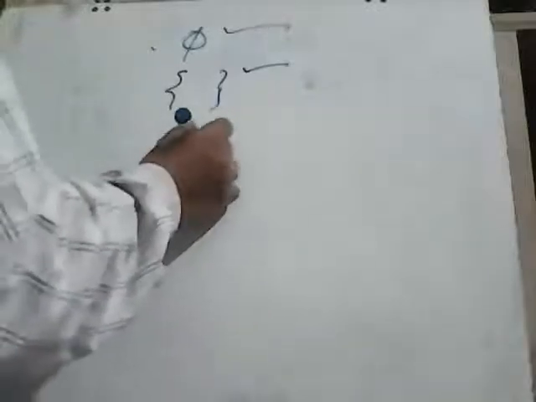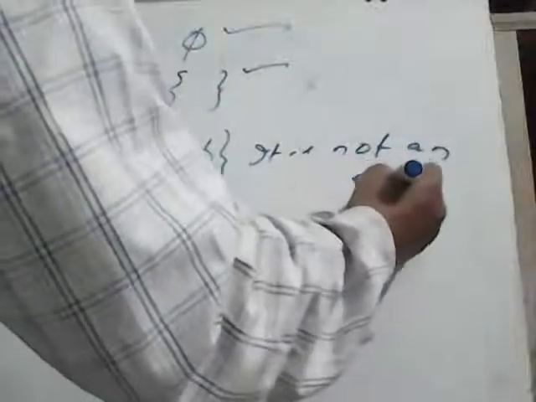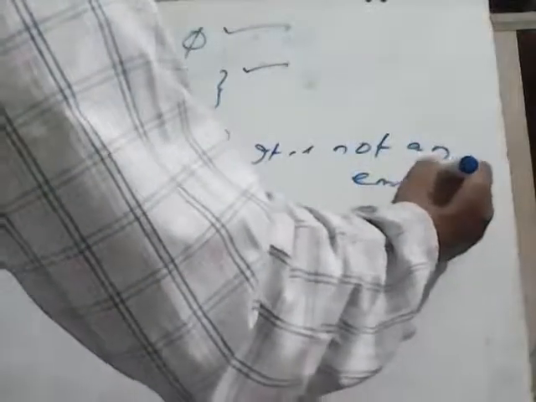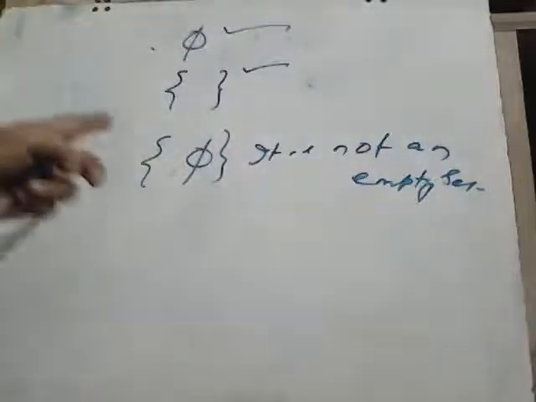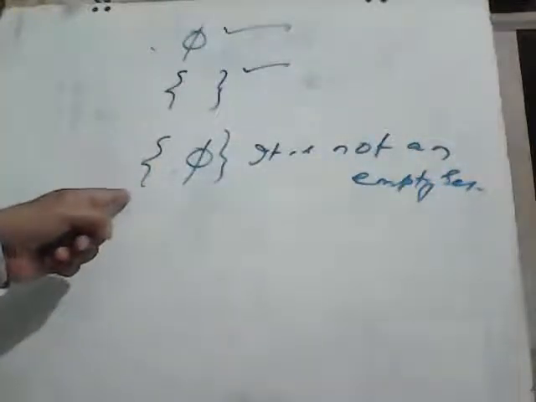But this one, phi inside the bracket, is not an empty set. Why? It is a set with one element. With one element. This element is phi.